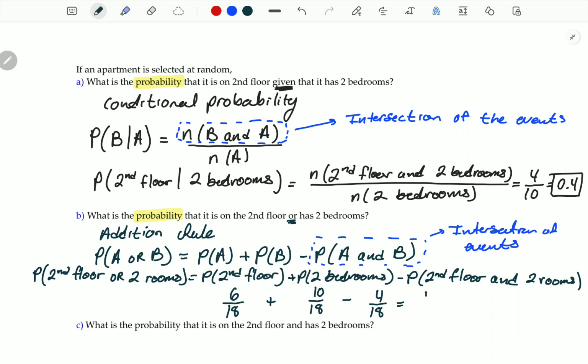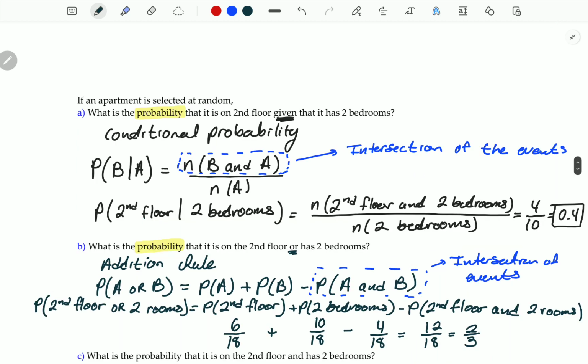That is going to be 12 over 18, and we can reduce that to 2/3. And we can have our final answer as 0.67. I think the enter key gives us the fraction, which is okay, but I'm going to circle both: 2/3 or 0.67. Preferably the decimal answer will be the one that I'll take.